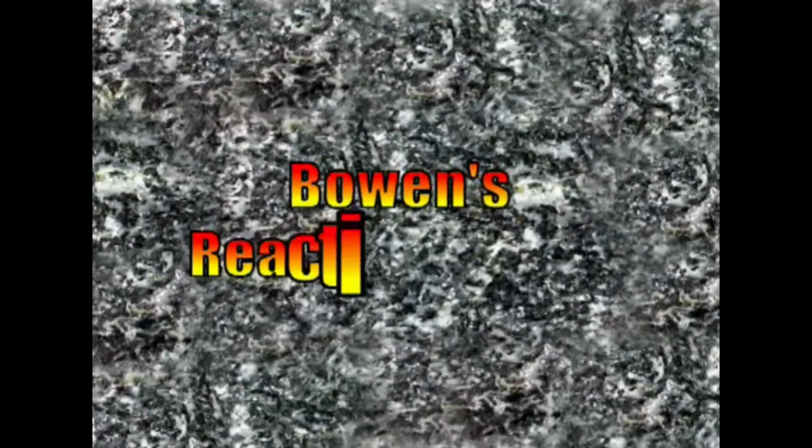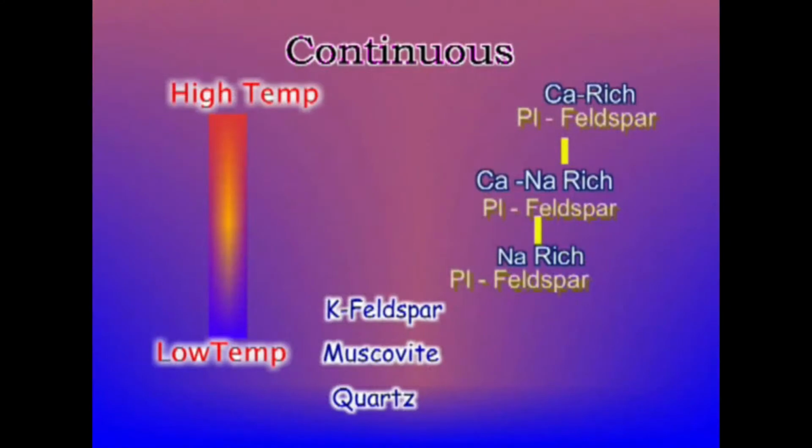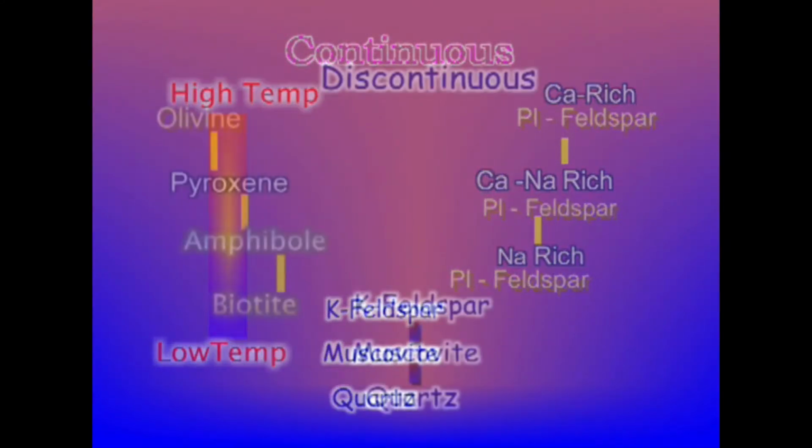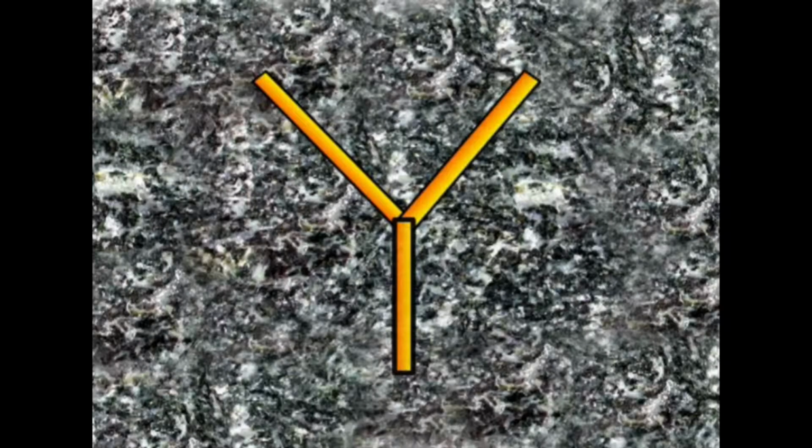They may be silica undersaturated or silica oversaturated minerals. The Bowen reaction series has two branches, the continuous and the discontinuous. The branch on the right is the continuous.